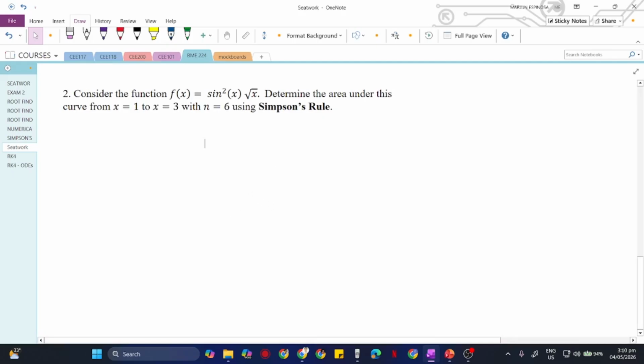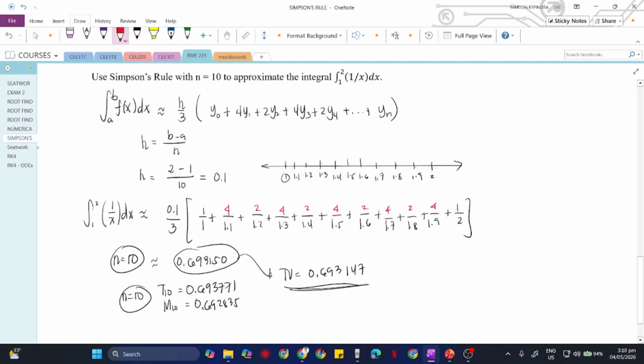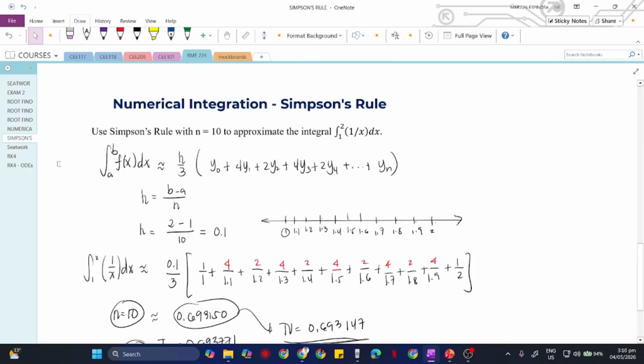Consider the function sine squared x, square root of x, determine the area under this curve from x equivalent to 1 to x equivalent to 3 with n equivalent to 6 using Simpson's rule. Okay, recall natin yung Simpson's rule. Ano yung Simpson's rule natin, class? Ito yun, di ba?